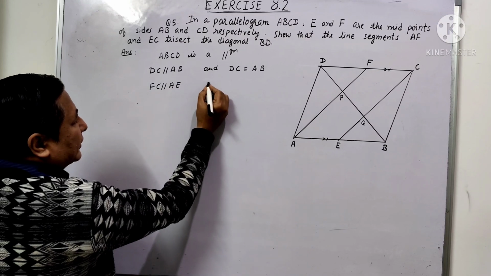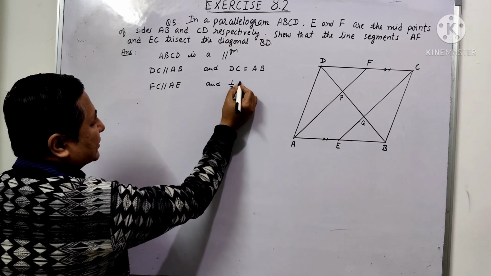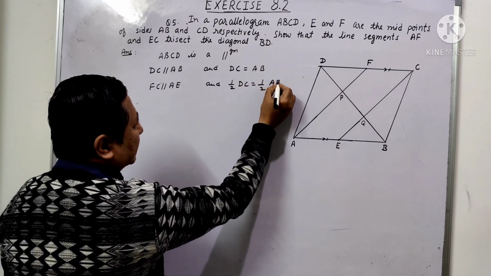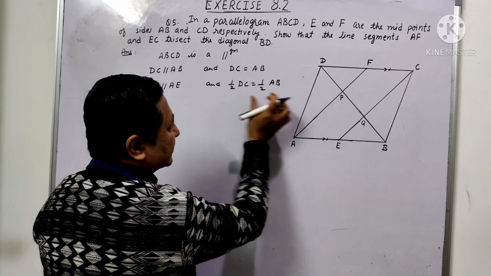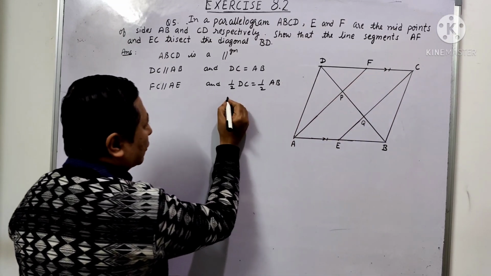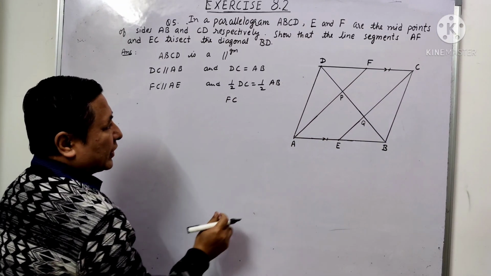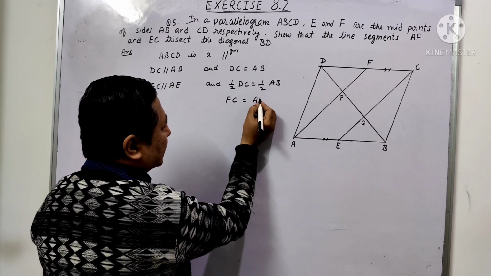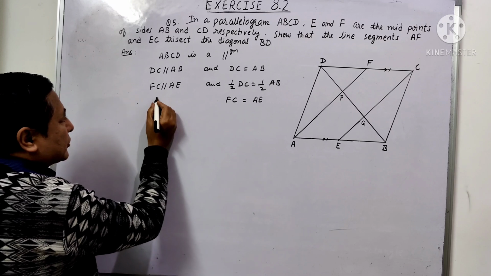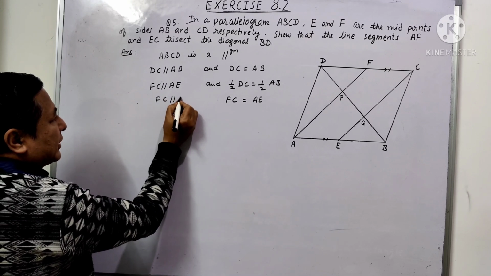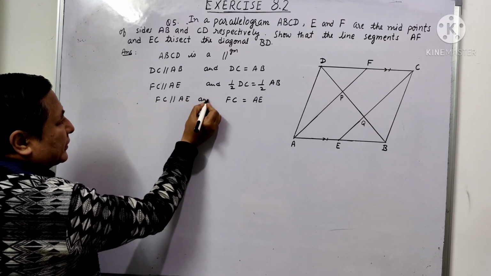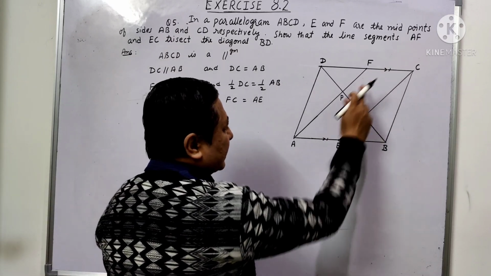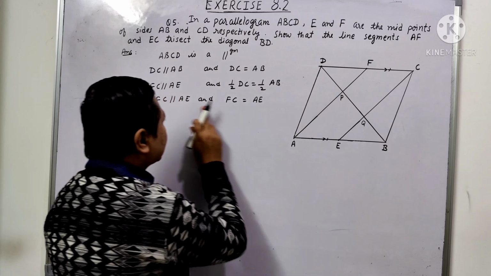Now half of DC will be equal to half of AB, and half of DC is FC because F is the midpoint, and half of AB is equal to AE because E is the midpoint. So now FC is parallel to AE and FC is equal to AE. These sides FC and AE are equal as well as parallel.